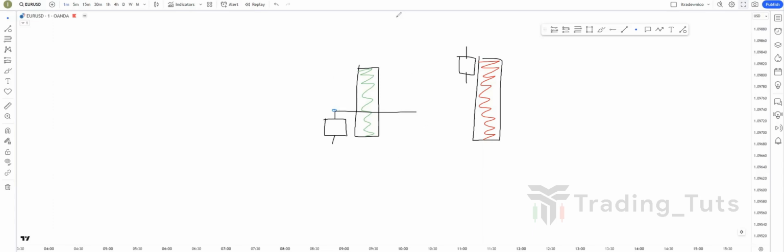So which levels can we use? We can use, in this case, the same exact levels but switched. So in this case, we can use the open of the breaker block, we can use the body, and we can use the wick right here. So these are going to be the levels we're going to be focused on.